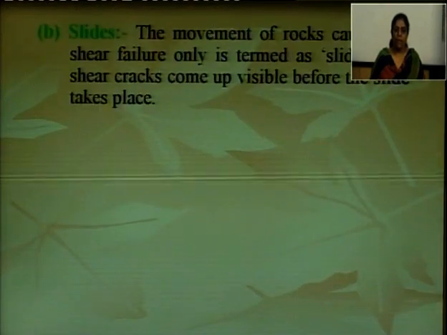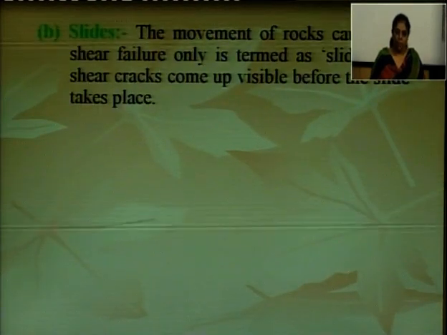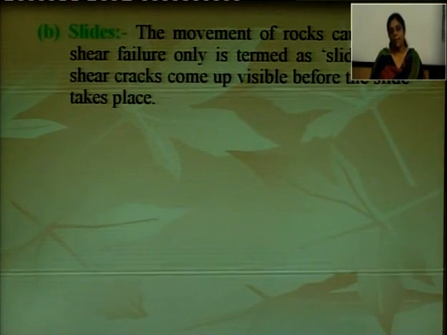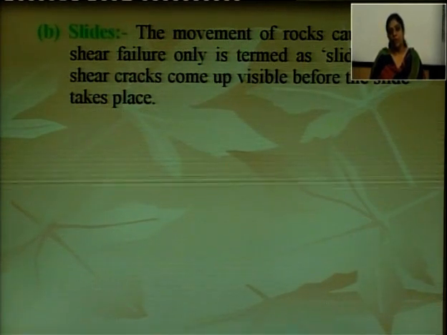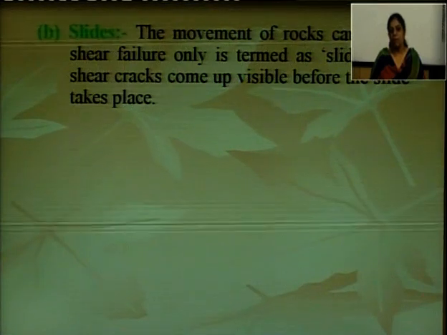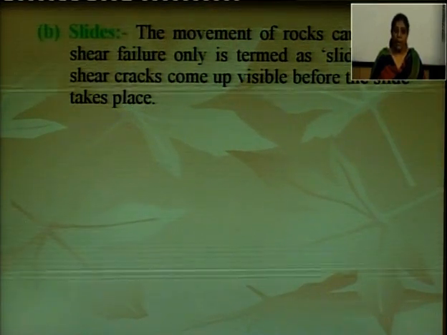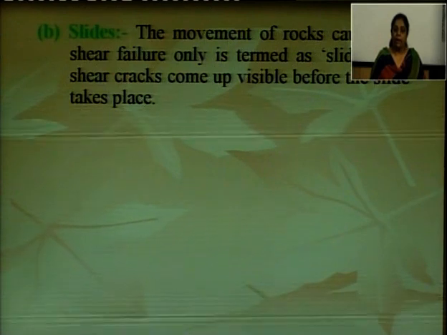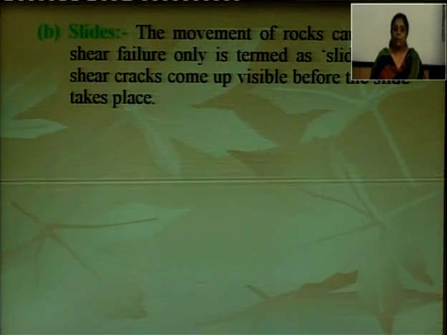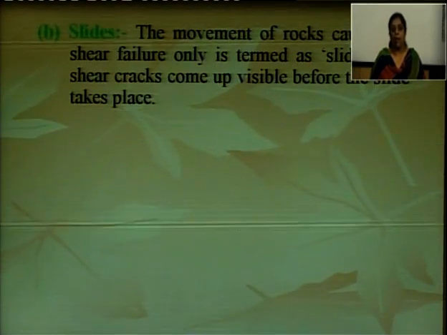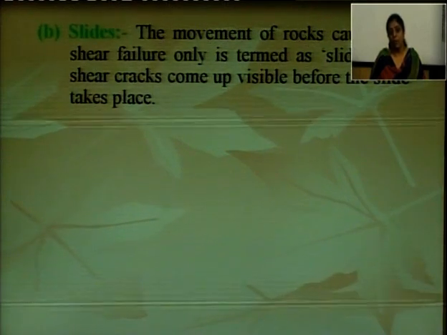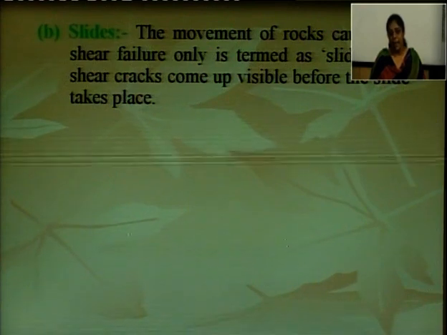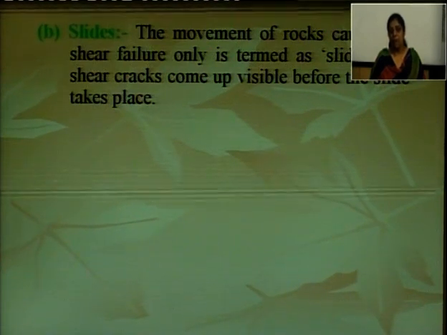Now, the second type of landslide is slides. The movement of rocks caused by shear failure only is termed a slide. The whole surface of the slope comes down sliding.